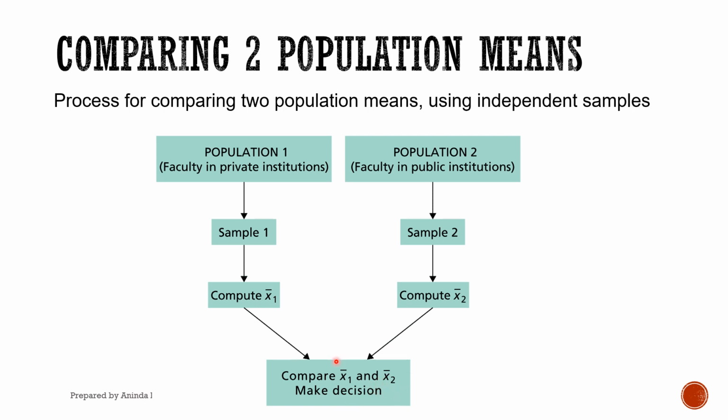And then based on whatever difference we get from these two values, we will use that to project on the two population means. Again, keep in mind throughout we are looking at the difference in the salaries. So you will see everywhere x bar 1 minus x bar 2 being done. All right.